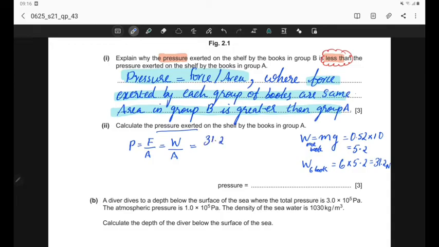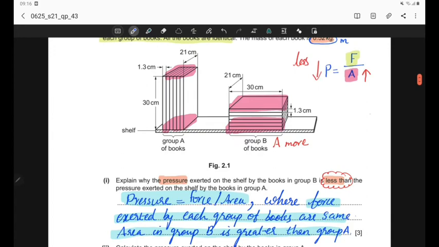Now we have the weight, that is 31.2. We can substitute in our main equation over area. We can look at the area where we are provided with the length and breadth, where the length of these 6 sets of book is 1.3 centimeter times 6, because only the thickness of one book is given.